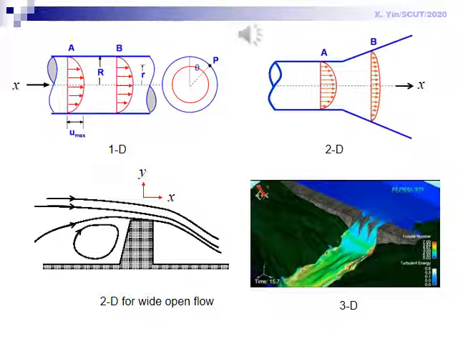In the upper left, it's a flow in a straight uniform tube. The red arrows show velocity distributions on two cross sections. We can see velocity u changes with the radius r, little r, not with x or angle theta. So it is a one-dimensional flow.